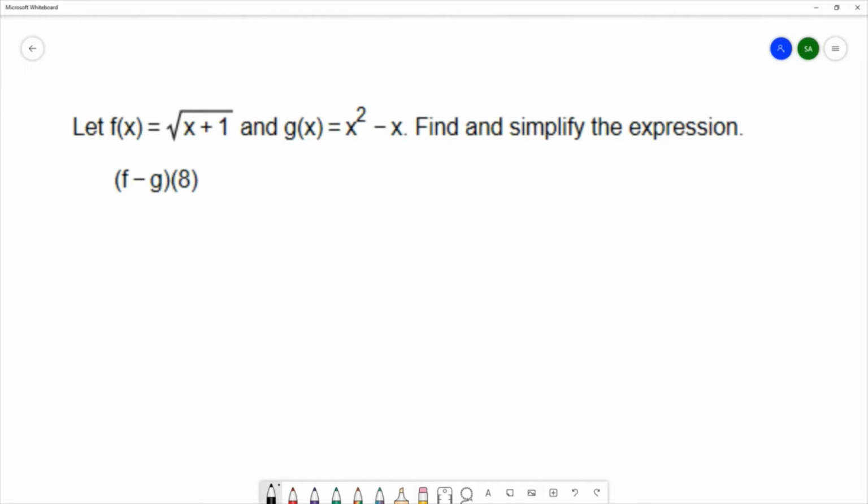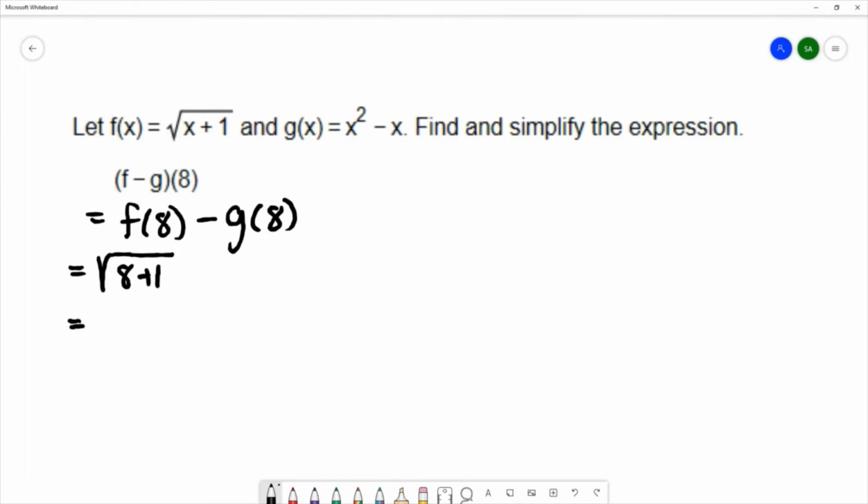In the first way, we can understand what these symbols mean: we want to evaluate f at 8, evaluate g at 8, and then subtract the two. So f of 8 would be substituting an 8 into the function named f. That's square root of 8 plus 1, which is square root of 9, which is 3.